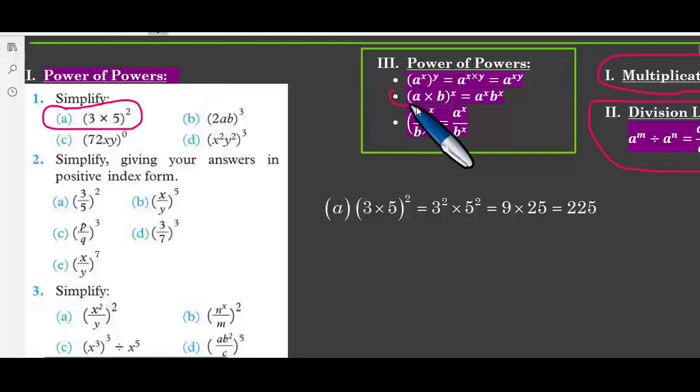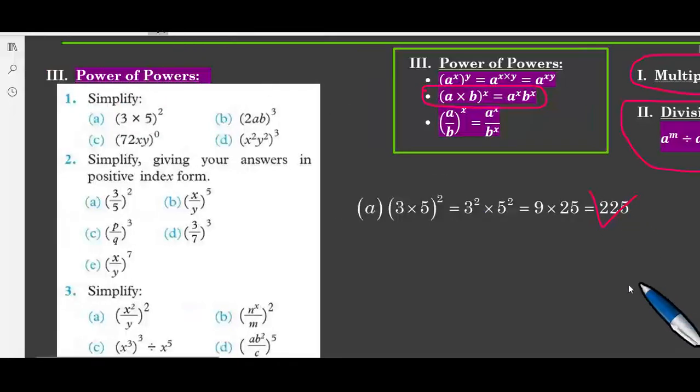Let's apply this law. You see, these exponents operate on these bases, and we are just done. Question A is already done. Now question B.